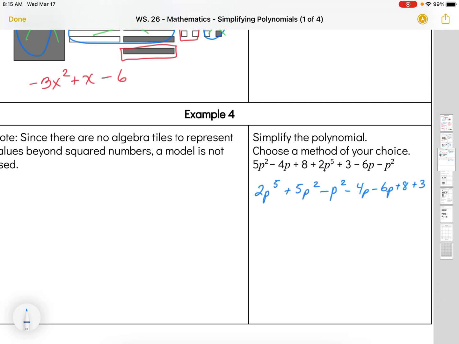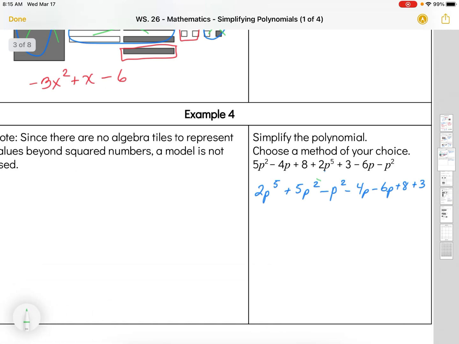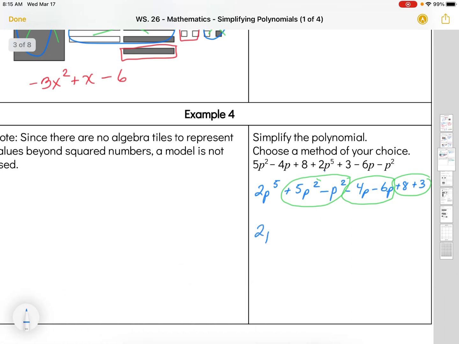But I put it in order because then it's easier to group things, right? Because I can group those two together, those two together, and those two together, and it'll be easier for combining.